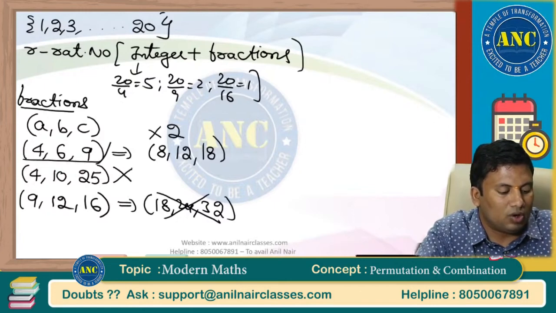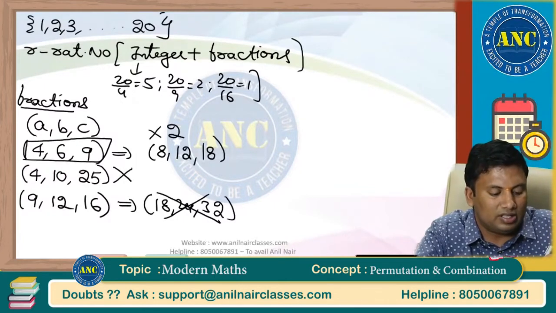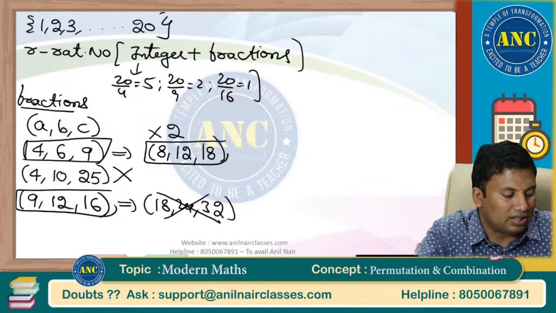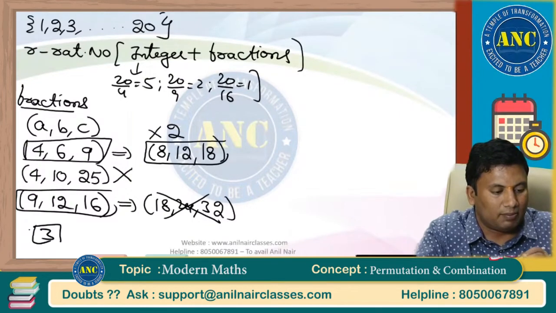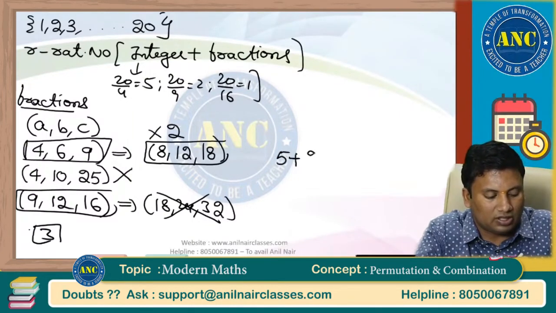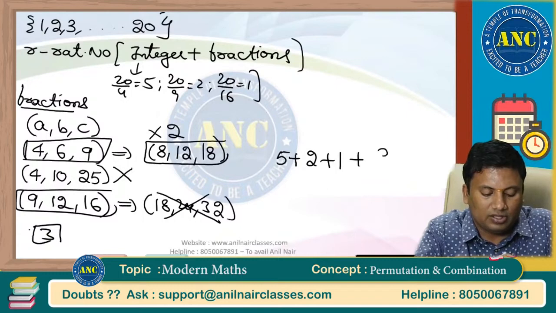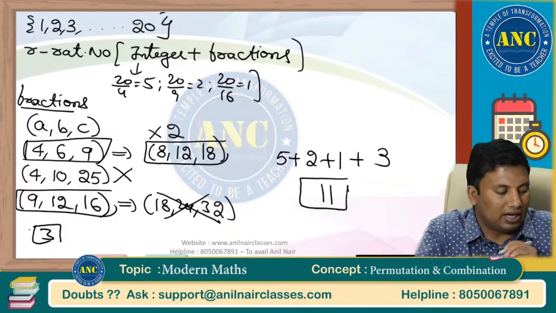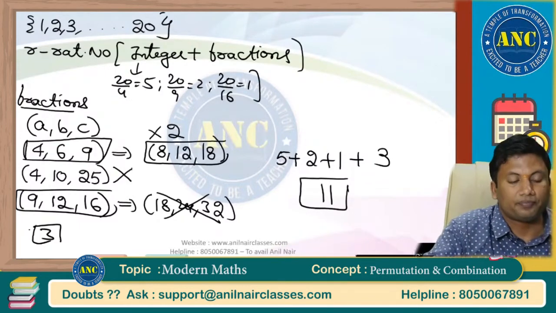So, totally how many will you get where the R value is a fraction? 1, 2 and 3. Answer, if R is a rational number, 5 plus 2 plus 1 plus 3. Answer is nothing but 11.